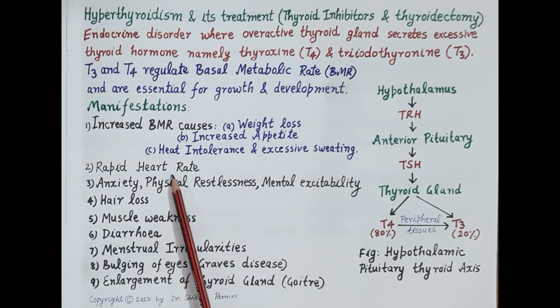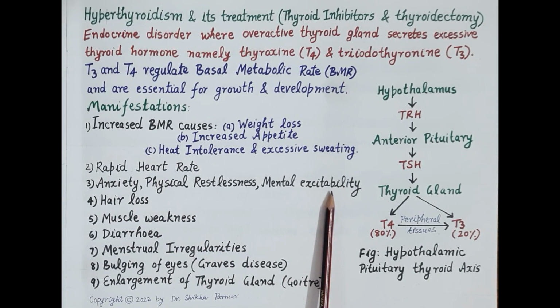Now, as the thyroid hormone regulates heart rate, heart rate increases in hyperthyroidism. Anxiety, physical restlessness, mental excitability are commonly seen during hyperthyroidism. In addition to this, hyperthyroidism causes hair loss, muscle weakness, and increased gastrointestinal motility results in diarrhea.